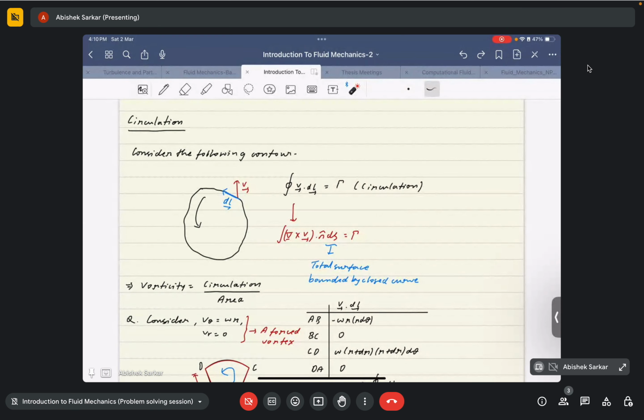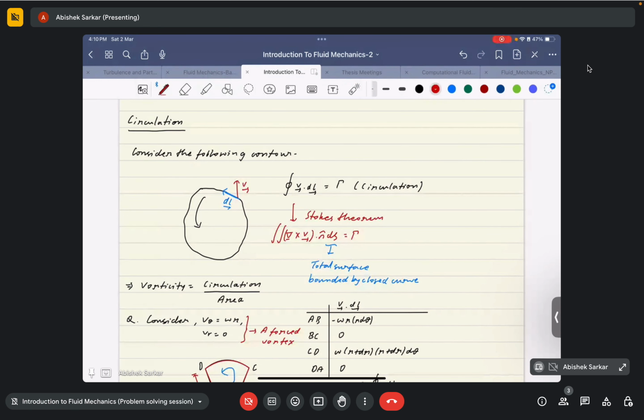Now if we apply the Stokes theorem of converting line integrals to surface integrals, which I need to denote as a double integral, we can convert this line integral into a surface integral, where the surface would essentially be the net area bounded by this closed curve, the boundary of this flow domain.